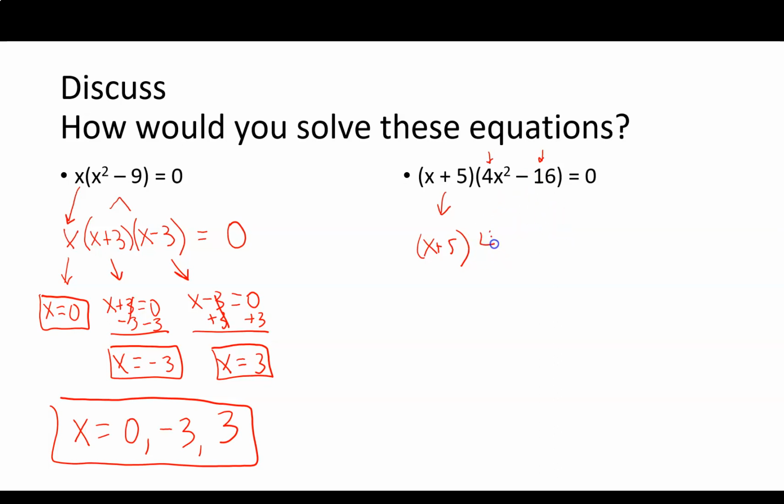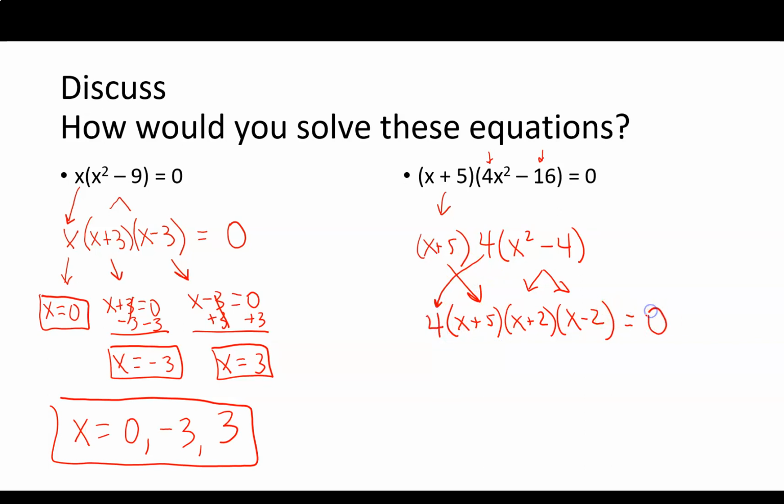I'm going to write this as 4, and then I'll have x squared minus 4, which I can break down as x plus 2, x minus 2. I have this x plus 5 that I'm going to bring with it, and that GCF of 4 comes down. Now everything is factored, and so I'm going to set each factor equal to 0.